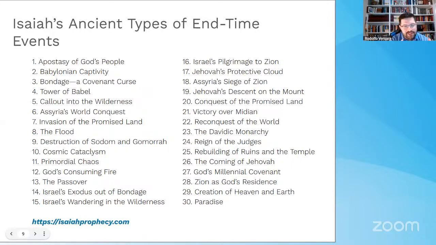To me, that really opens the door for the Lord to give you more. It's often your heart too, as you have to put in the work to try to make sense. But it's not about checking off, at least I know the 30 end time events, I know the 7-part structure, and now I know Isaiah. I don't think that's the purpose of all of this.